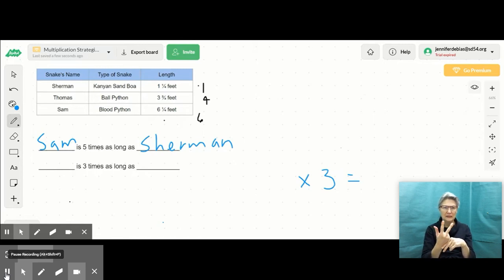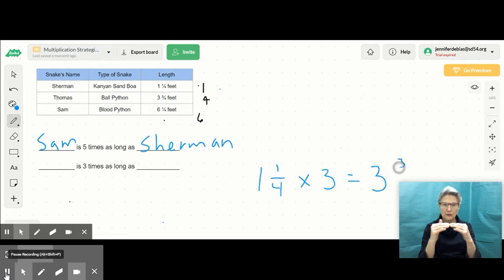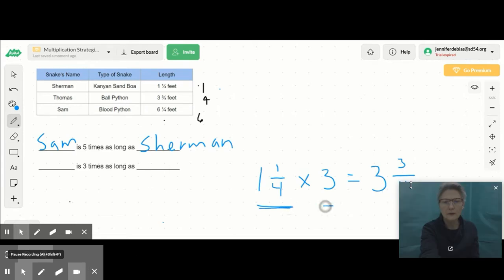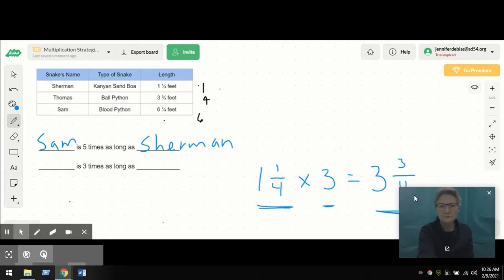That could make sense, right? Because I'm looking at my estimates, 1 times 4. So let's try that. Okay, so 1 1/4 feet times 3 equals 3 3/4 feet, right? Because the length of one of the snakes is 3 times as long as the other snake.